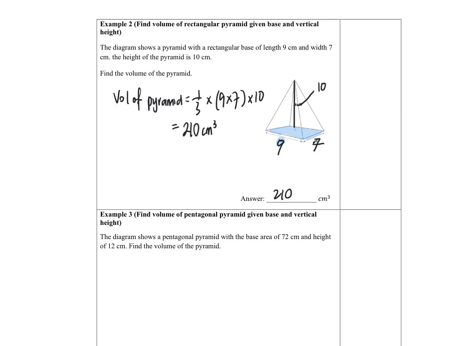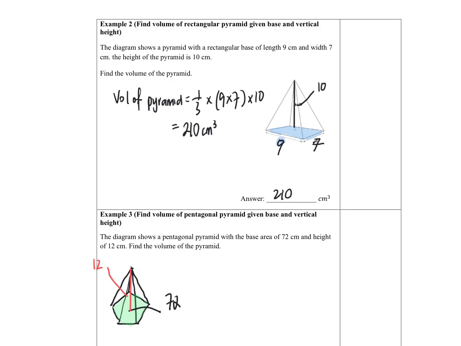Pentagonal pyramid. All I know is that the base is a pentagon, and then there's a point somewhere at the top, and all the sides are triangles. The base area at the bottom, they tell me it is 72, and the vertical height here is 12.